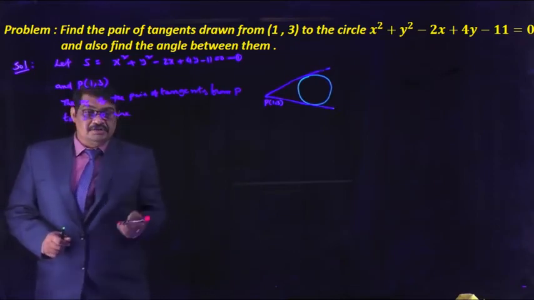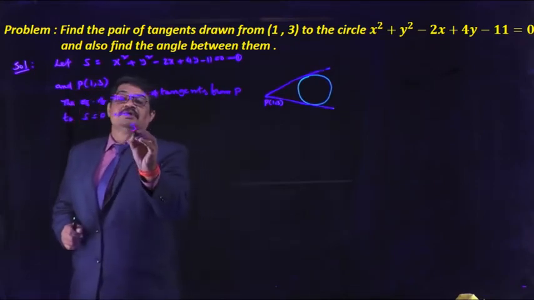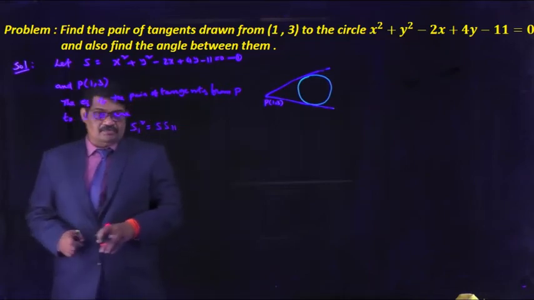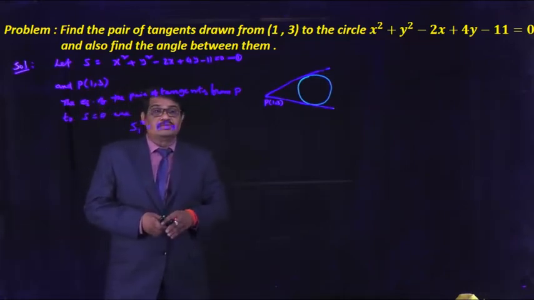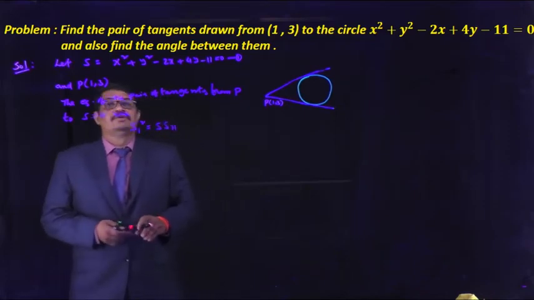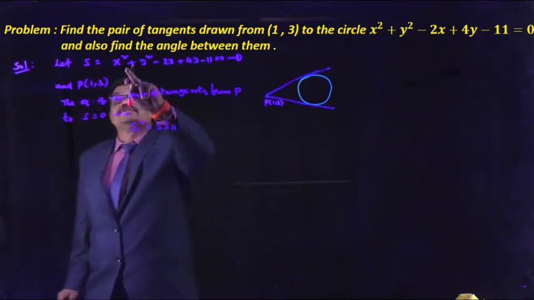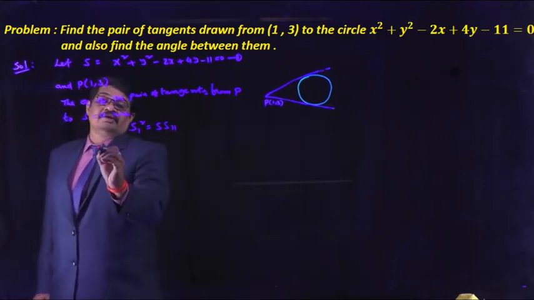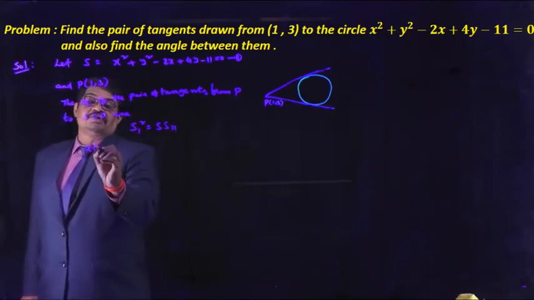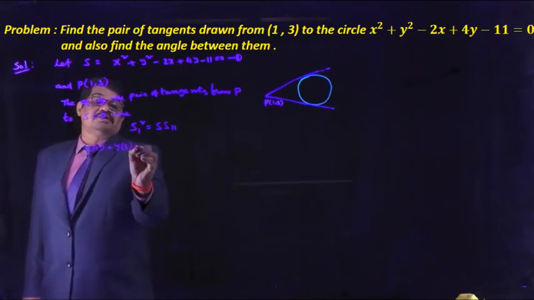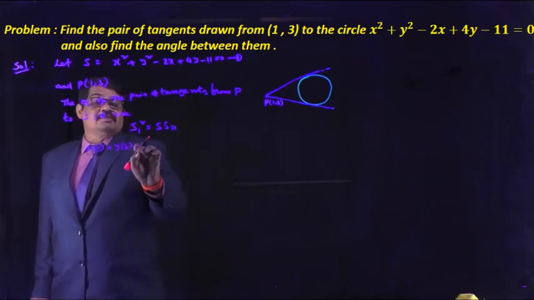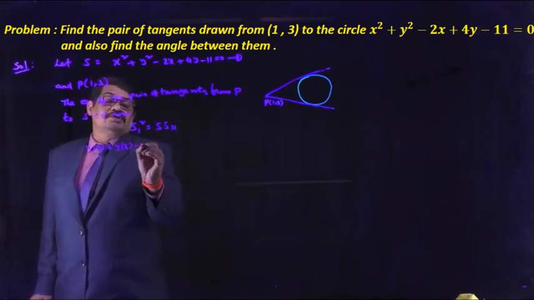Pair of tangents formula is S1 square is equal to S into S11. We are writing for the circle S1 for this point 1 comma 3. Now we are writing x1, y1. X1 is 1, y1 is 3, plus what is here? G, that is minus 1. What is G here?